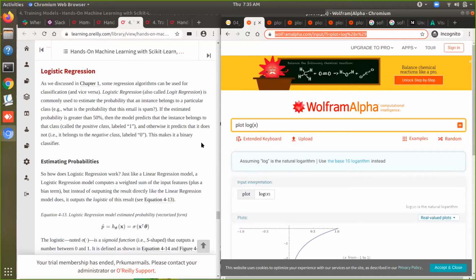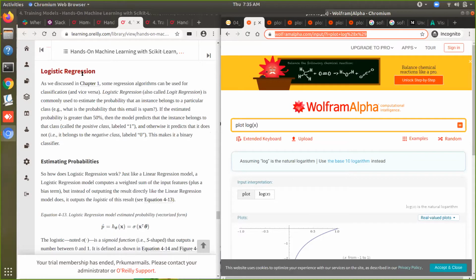So why is it named like that? We will see the math behind it a little bit.